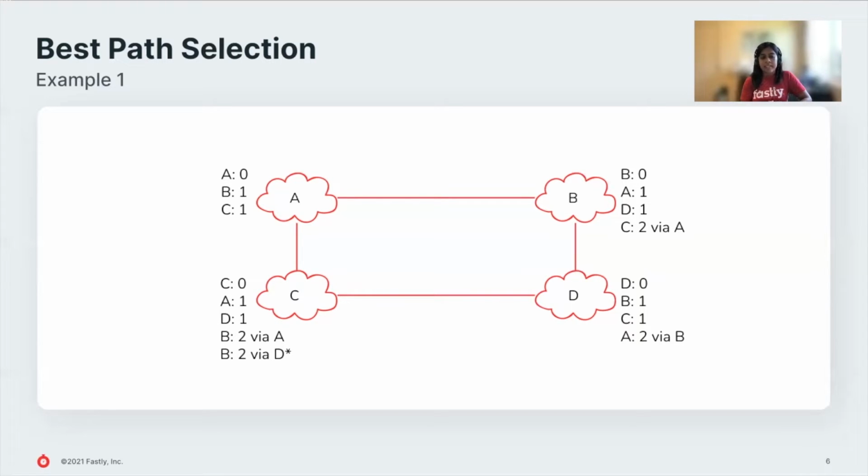So either way, C would run its best path selection algorithm, go over all the route attributes, and then select one of the 2 paths to reach B as its best path. In this case, we're considering C has selected the path via D as its best path, which is marked with a star.